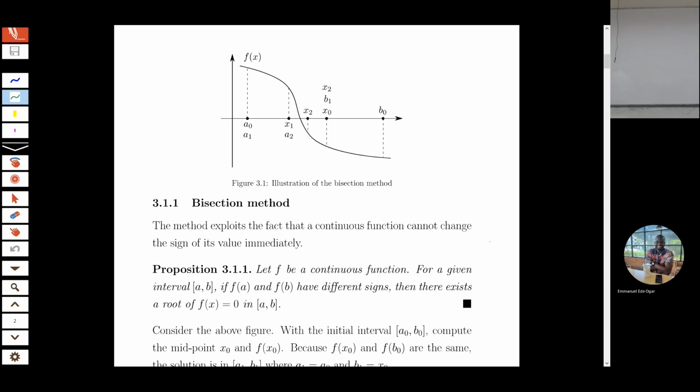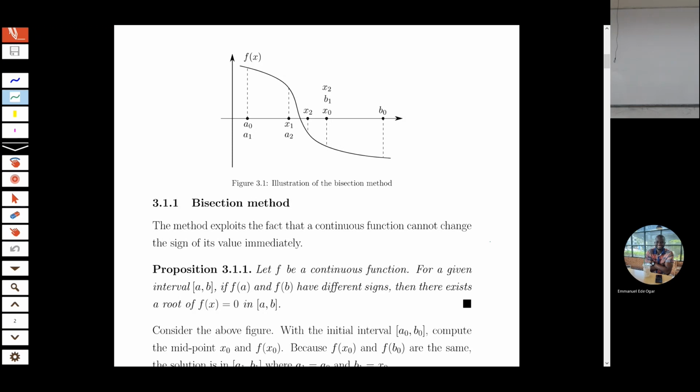Suppose x naught is the middle point between a naught and b naught. Here in the figure, f(x naught) has the same sign as f(b naught). So we replace b naught with x naught, and therefore the interval containing the root is reduced by half.